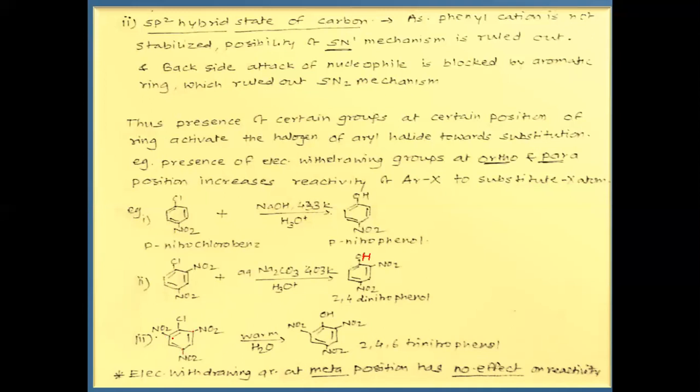At all three positions, electron withdrawing nitro groups, 2,4,6-trinitrophenol. So it requires only warming with water. So nucleophile OH minus substitutes Cl, and here 2,4,6-trinitrophenol formation takes place.